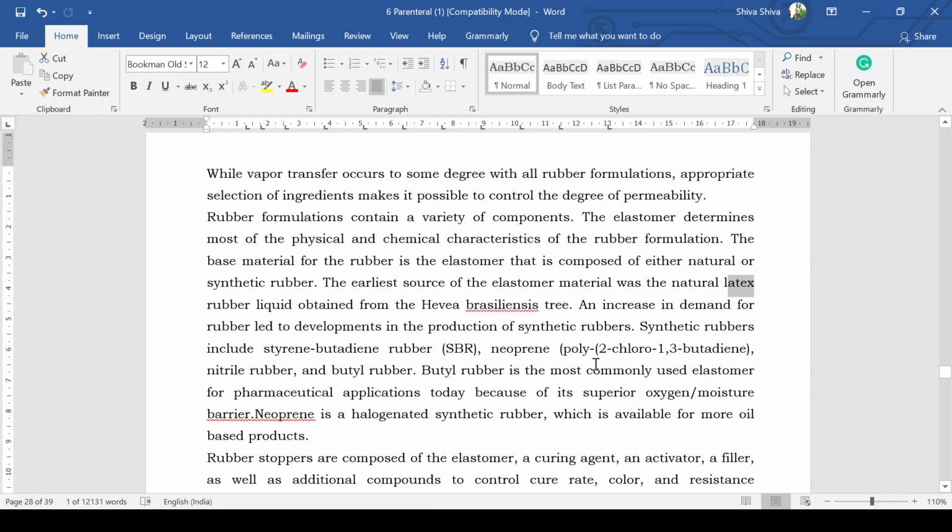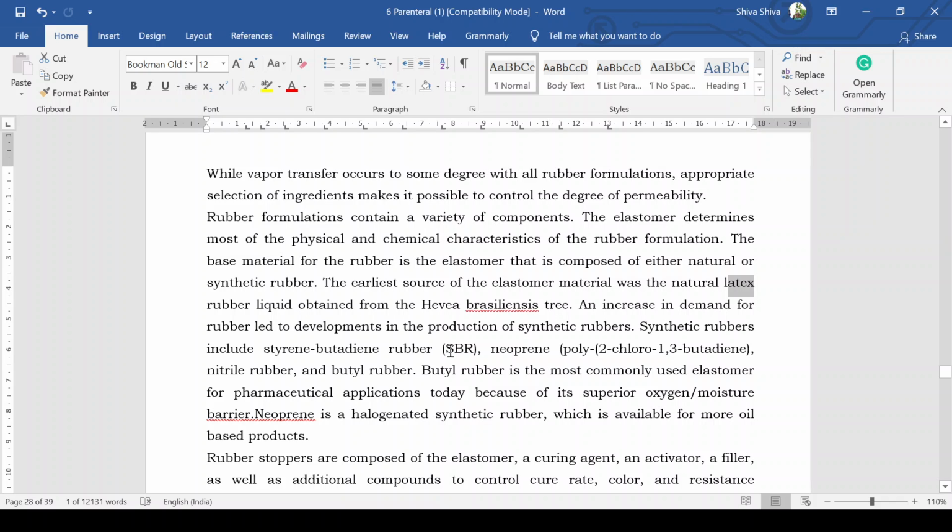An increase in demand for rubber led to the development of the production of synthetic rubbers. So जशी जशी डिमांड इन्क्रीज होत गेली तसं तसं ट्री पासून भेटणारं जे रबर आहे ते कमी पडायला लागलं, म्हणून त्याच्याऐवजी आता सिंथेटिक रबर प्रोड्यूस केलं. सिंथेटिक रबर्स include styrene butadiene rubber.